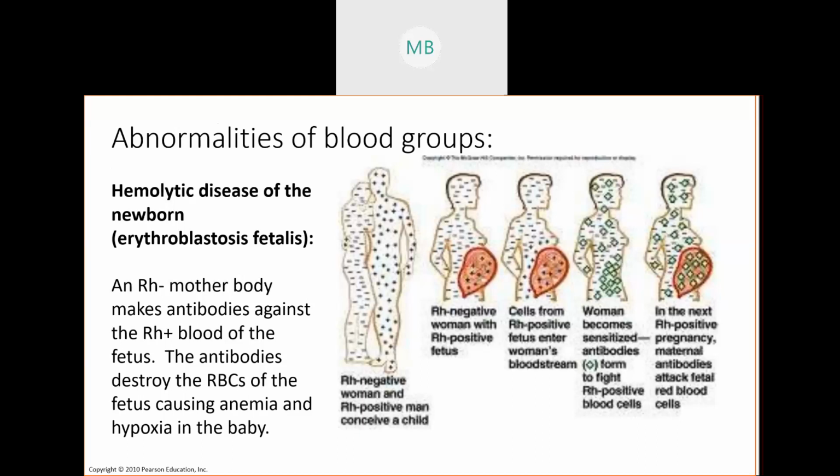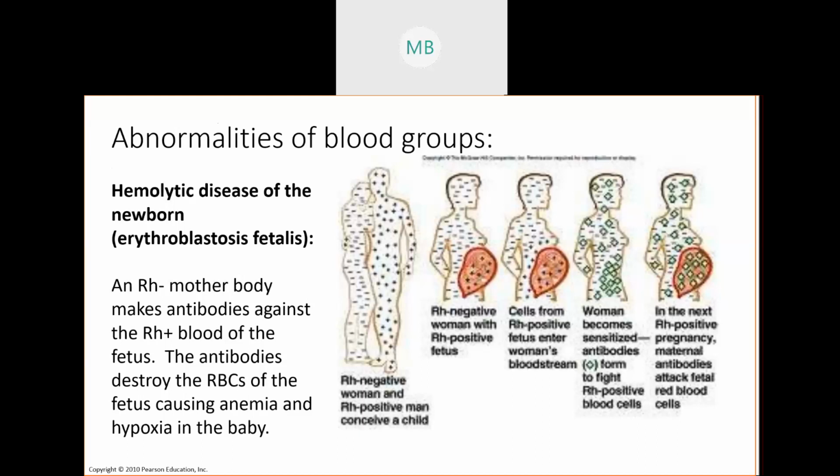If you are a negative blood-typed woman and you are married to a positive blood-typed man, sometimes when he gets you pregnant, the baby inside will develop a positive blood type because this is genetics, right? So hemolytic disease of the newborn happens when you have an Rh negative mother and her body starts making antibodies against the Rh positive blood of the fetus.